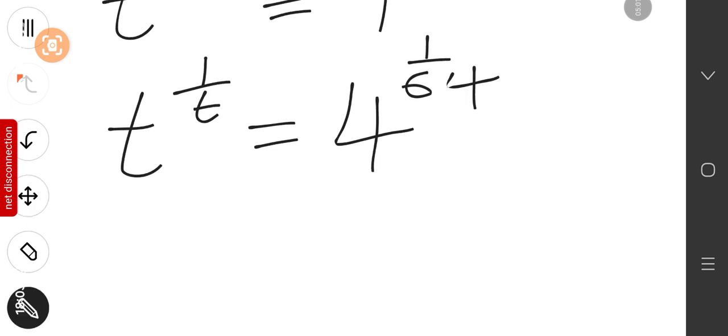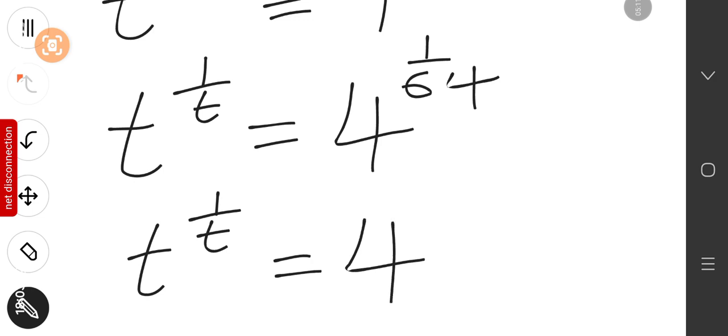So we are going to have t exponent 1 over t equals 4 exponent 1 over 64 times 1, since 1 over 64 times 1 is the same as 1 over 64. I've explained it earlier saying that a times 1 is a.